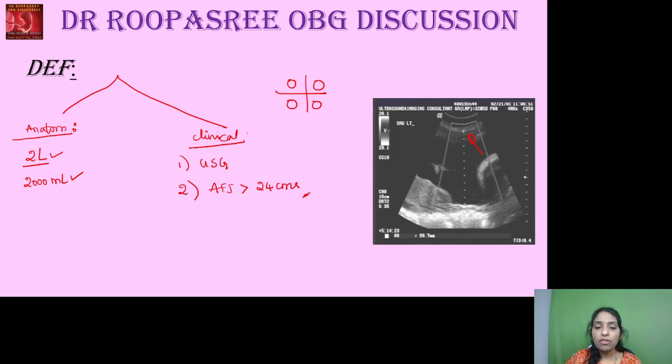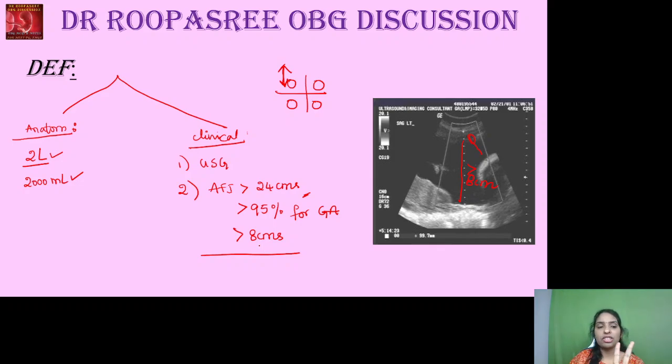So, if the amniotic fluid index is more than 24 centimeters, or if the amniotic fluid index is greater than 95 centile for the gestational age, or the other thing is, if even in a single vertical pocket, for example if we are measuring only in this quadrant, and the single pocket is greater than 8 centimeters, it is defined as polyhydramnios.